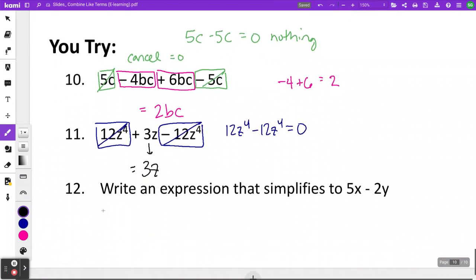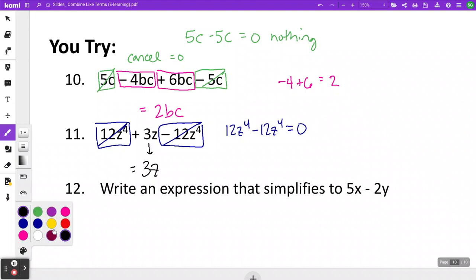The very last problem we have for today is number 12. I like number 12 because it's one of those questions that has a lot of correct answers. For number 12, I am asking you to write an expression that simplifies to 5x minus 2y. So what I'm asking you to do is like these problems in reverse.